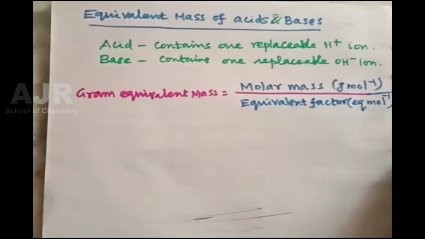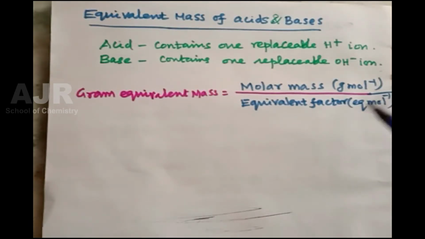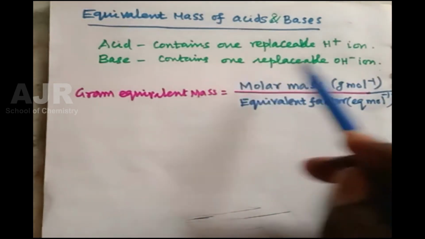Yes or no? So gram equivalent mass is equal to molar mass divided by equivalent factor. Here the molar mass of any acid or base we can use.